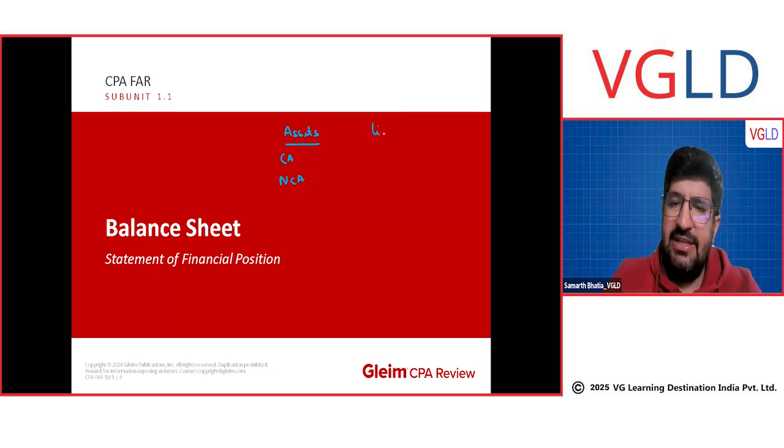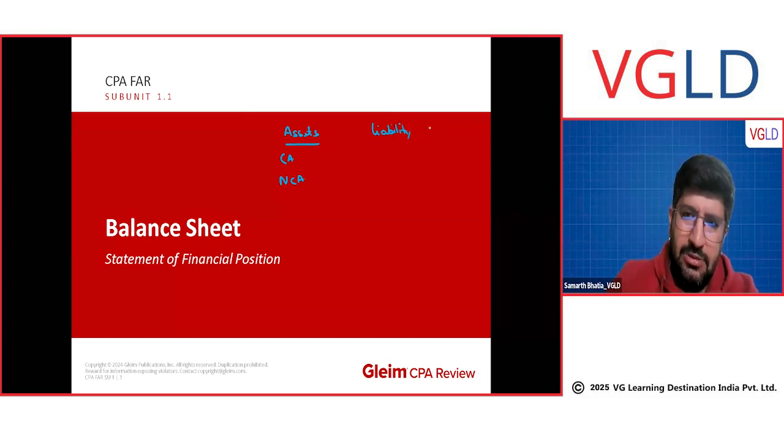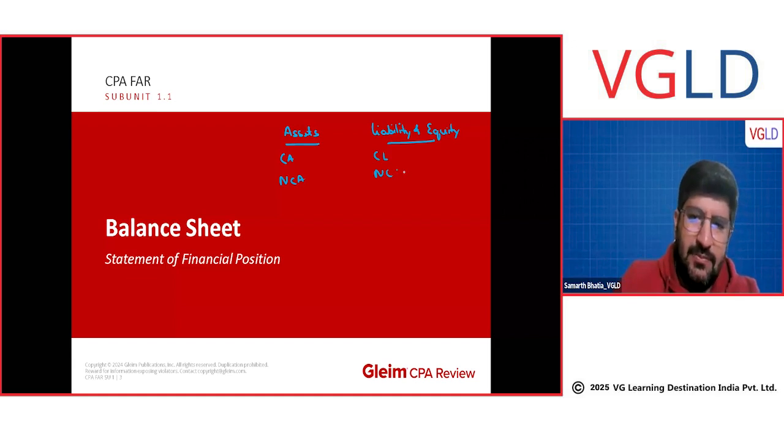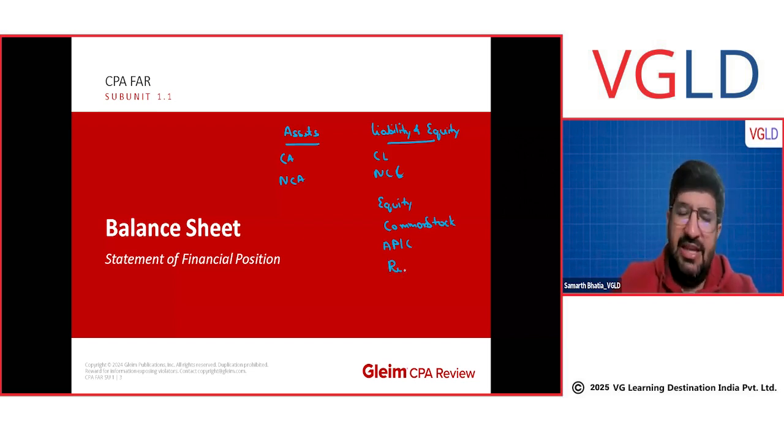On the other side are the liabilities and equity. In the liabilities and equity side, we have a current liability and non-current liabilities. Then in the equity side, we have common stock, additional paid in capital, which is security premium, and retained earnings.